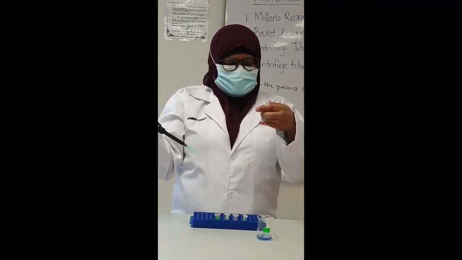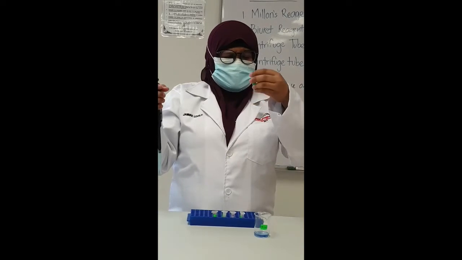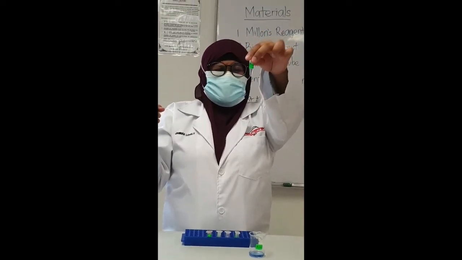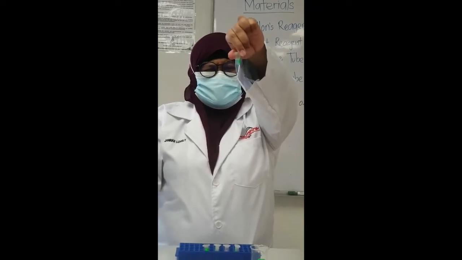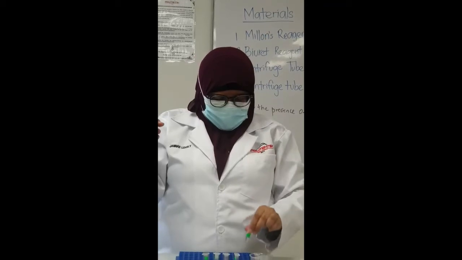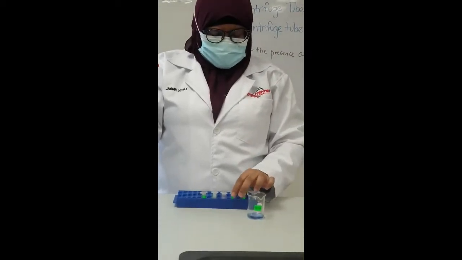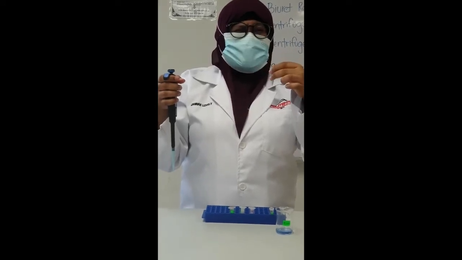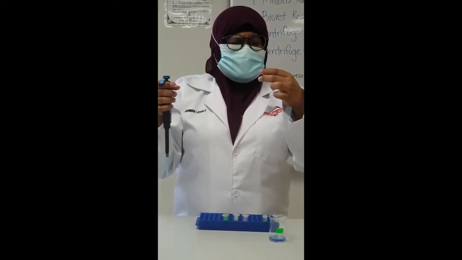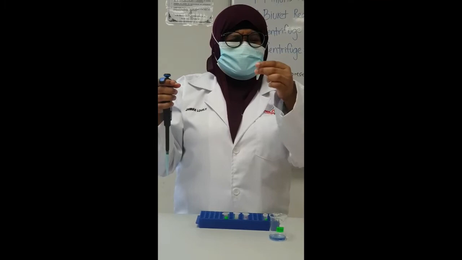So this is the color change for 1% sucrose. Next, I will add 0.5 ml of Biuret reagent into 1% starch.